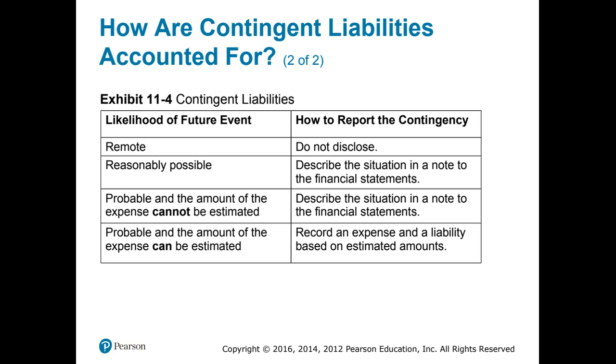So if we estimate it to be $50,000, we're going to put an expense and a liability down for $50,000 based on this contingent liability that's probable and can be estimated. Any questions? Okay.